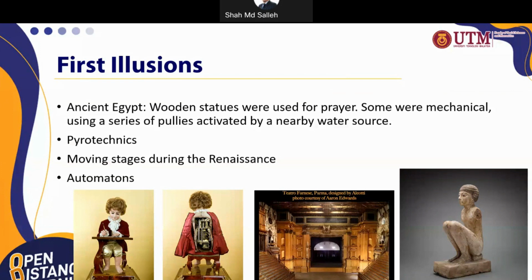Moving stages during the Renaissance era. Although it was not advanced technology, they managed to move the stages during the theater presentation. And then automatons. Okay, so this is early illusion from the previous era.